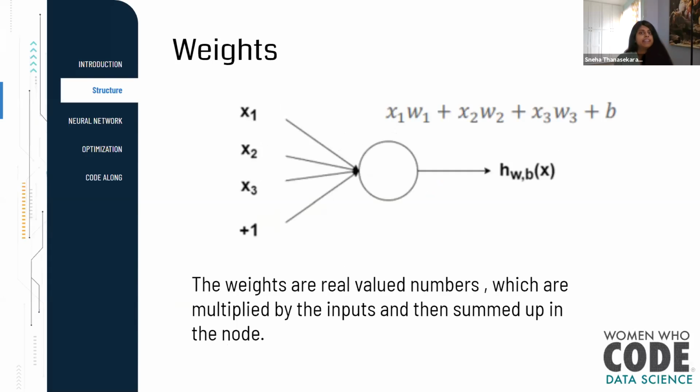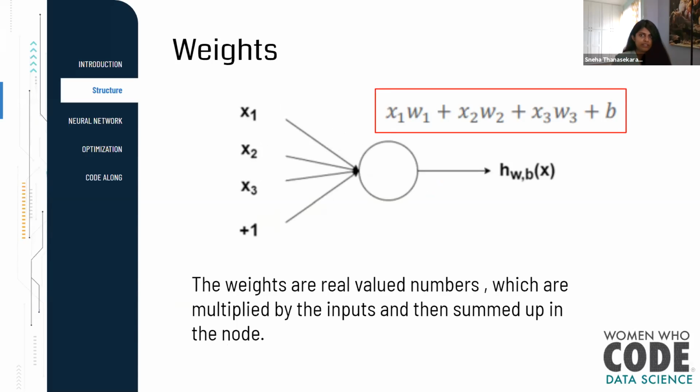The next is the weights. Weights are real valued numbers that are multiplied by their respective inputs and then summed up in the node. Here in this equation, Wi is the weight assigned to the input xi.